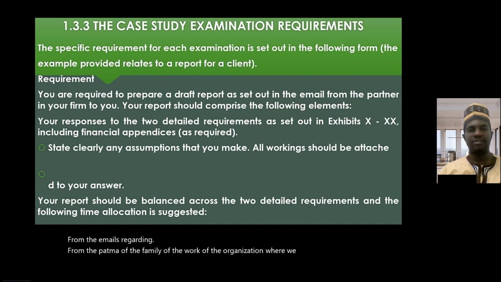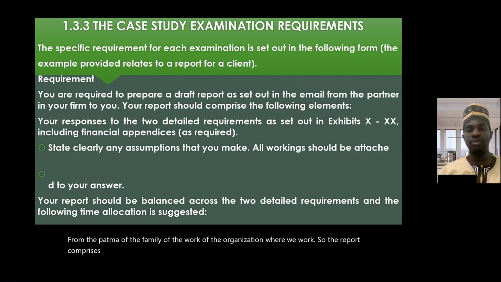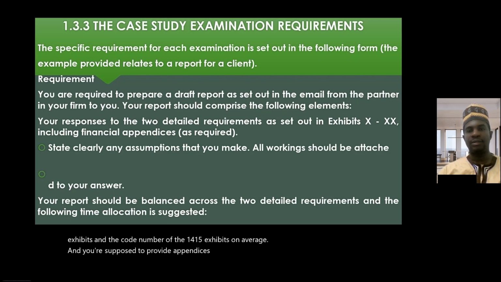The report comprises your responses to two detailed requirements, and you're supposed to use the exhibits, which could be numbered up to 14 or 15 on average, and you're supposed to provide appendices to those reports.